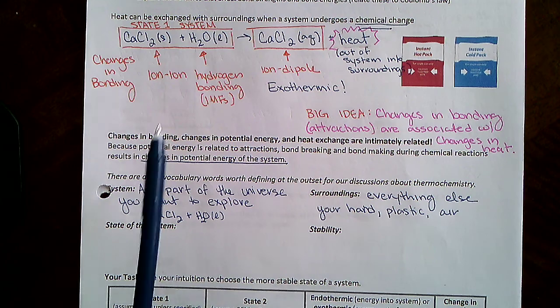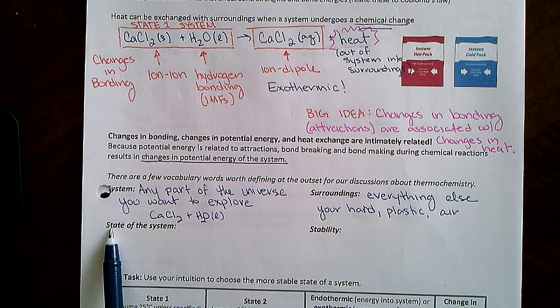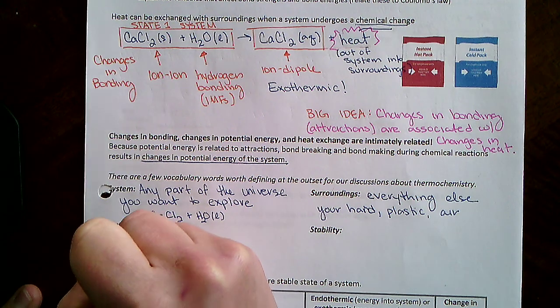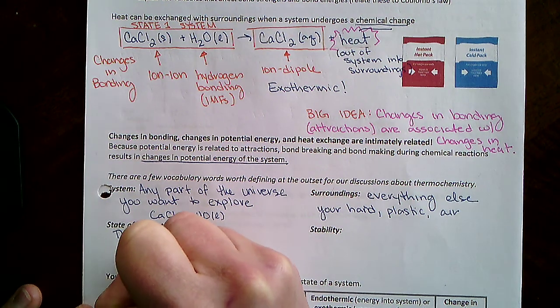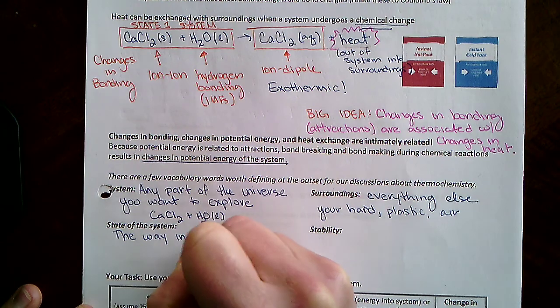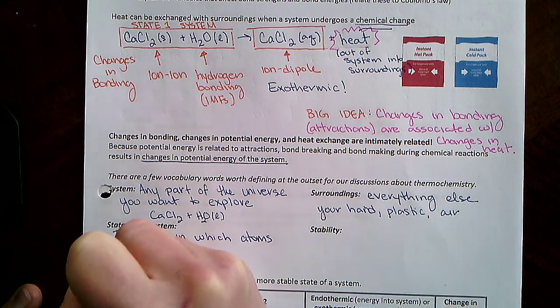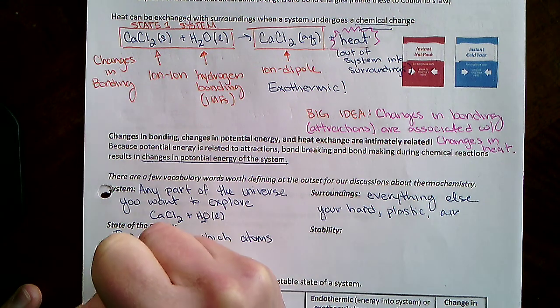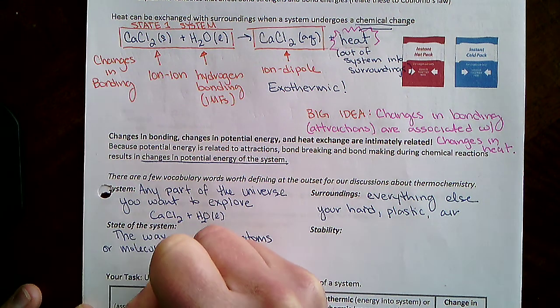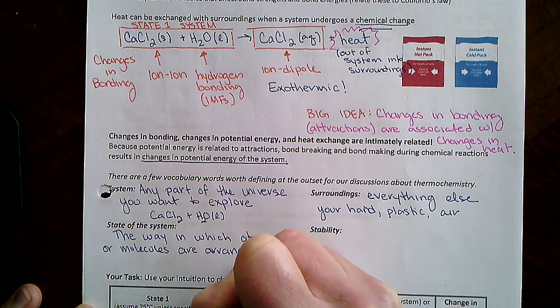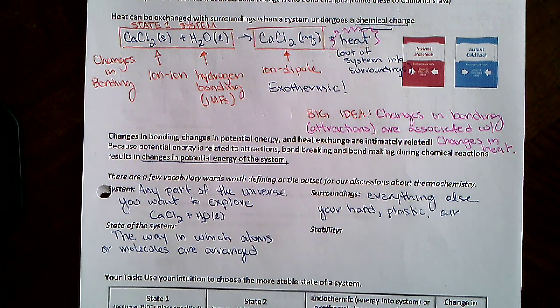Now, I kind of mentioned it up here, but when we talk about a state of a system, we're just talking about the way in which atoms or molecules are arranged.